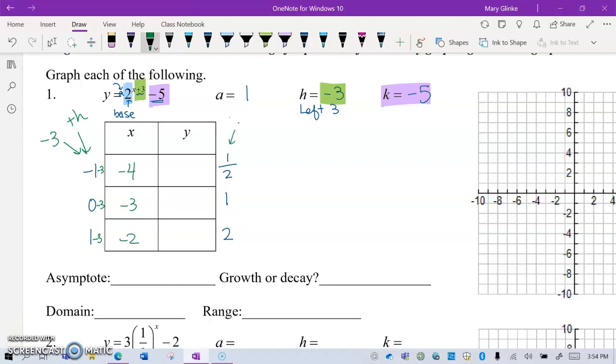For your y values, you're always going to multiply by a and then add k after that. So we're going to multiply all of these by 1, and then after that, we're going to subtract 5.